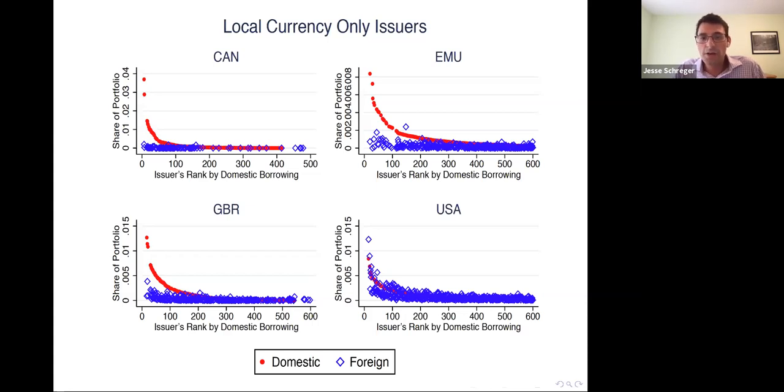And here, you can see that for the American firms that borrow only in dollars, the share of the domestic and foreign portfolio they account for is very, very similar. So whereas the Canadian, European, and British firms that borrow in the local currency are largely excluded from foreign portfolio bond investment, that's simply not the case when it comes to foreign investment in the United States.